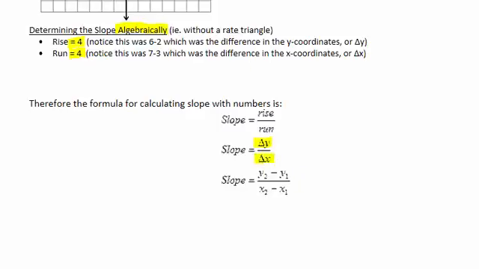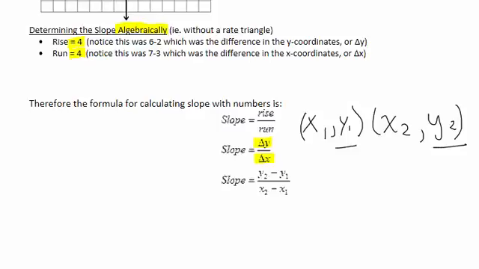So if we have 2 points, x1, y1, and our second point is x2, y2, you take the second y coordinate and you subtract the first y coordinate from it, and then you divide it by the second x coordinate minus the first x coordinate, and that's how you can calculate slope now.